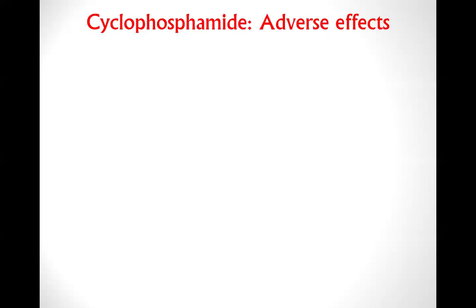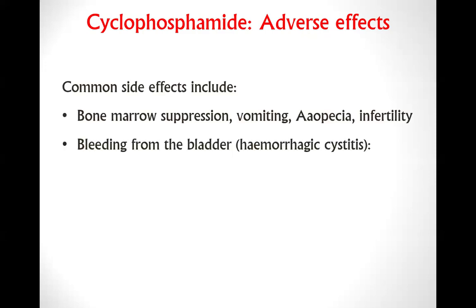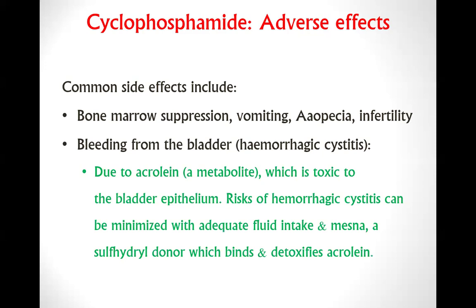One side effect, hemorrhagic cystitis. We also asked a question in the exam, I remember. And one drug which can prevent that hemorrhagic cystitis is Mesna. So this is just a repetition of what we have learned already. You can read, and you can ask questions if the things are not clear. Should we move? Good.